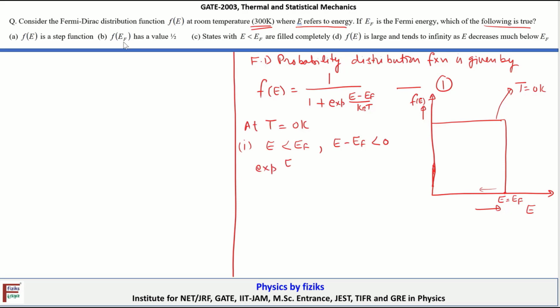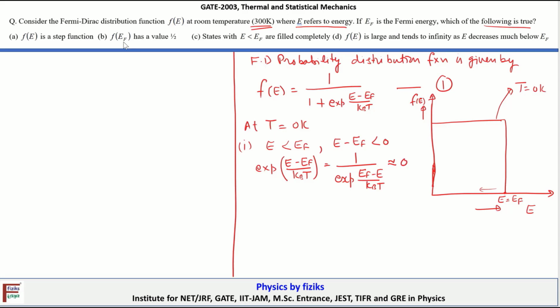This means exponential of E minus EF upon kBT, where kB is the Boltzmann constant, is equal to 1 upon exponential of EF minus E upon kBT, and that is equal to 0.